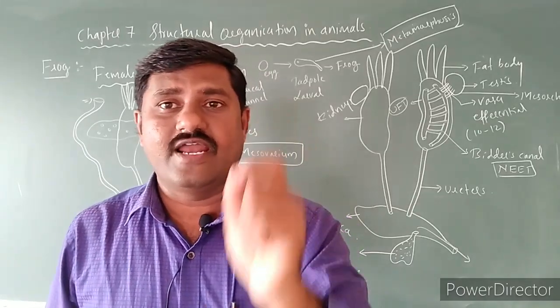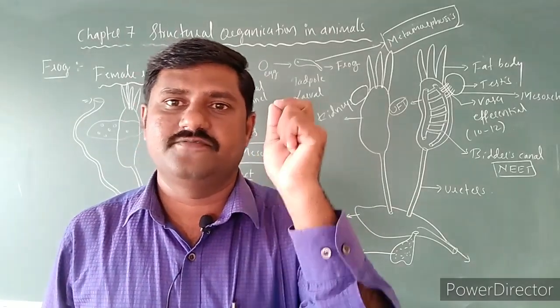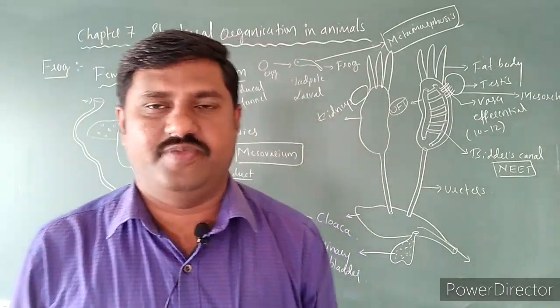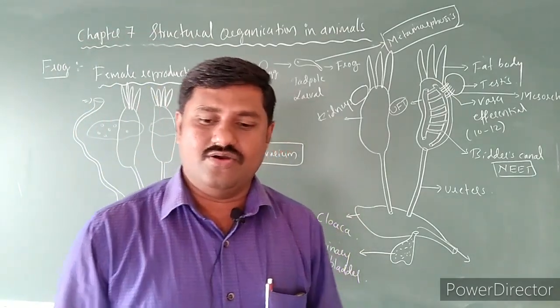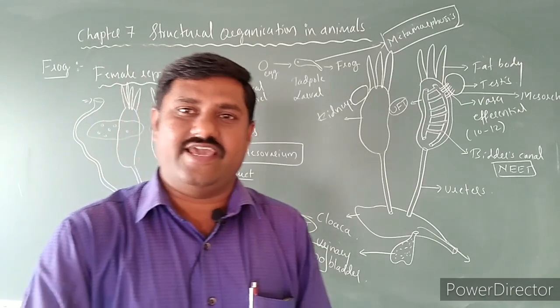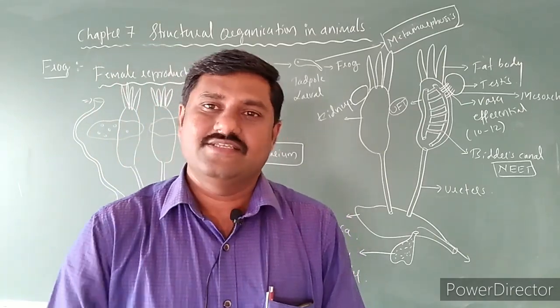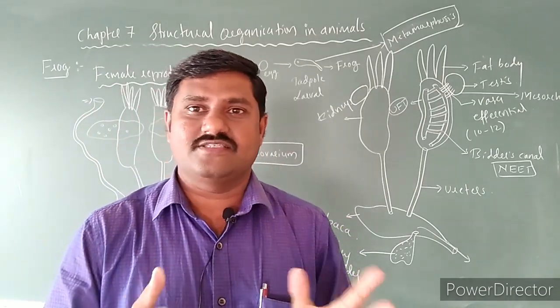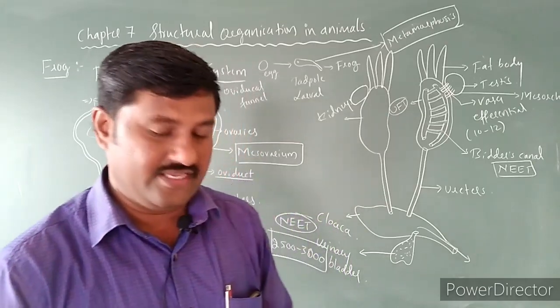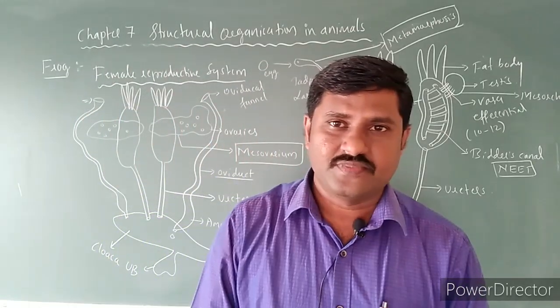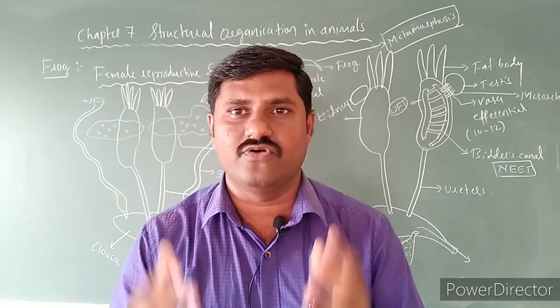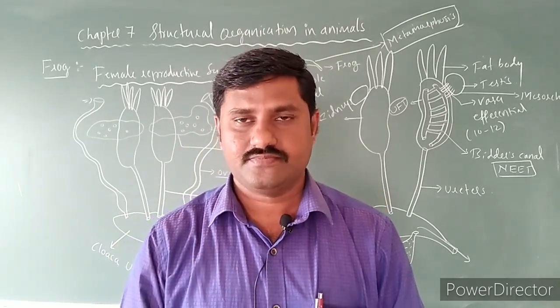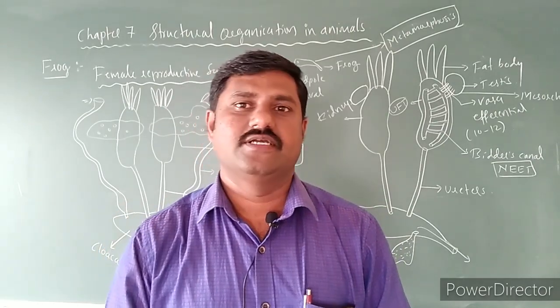So this is one of the unique features of the frogs, especially amphibians, right? So now we came to know how the anatomical aspects are there in frog, right? After this, frogs are very useful for human beings in all respects. Why? Because they help ecological balance, as they are involved in the food chain as well as food web.